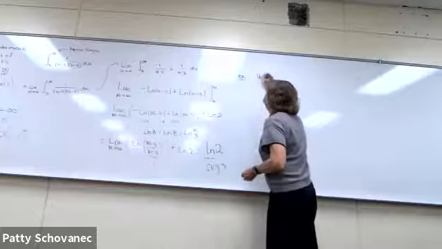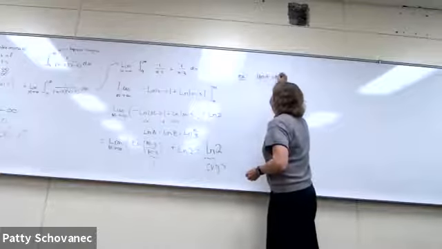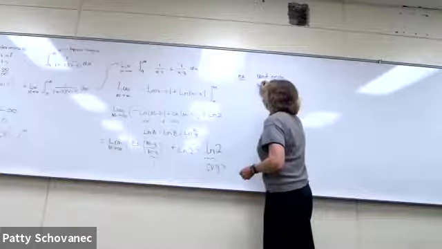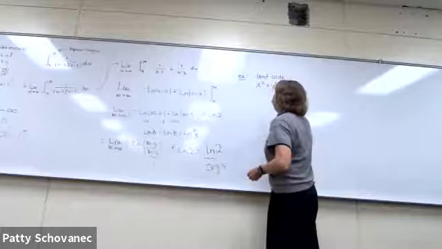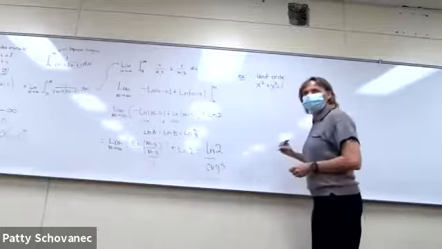Okay, so the unit circle has equation x squared plus y squared is equal to 1.